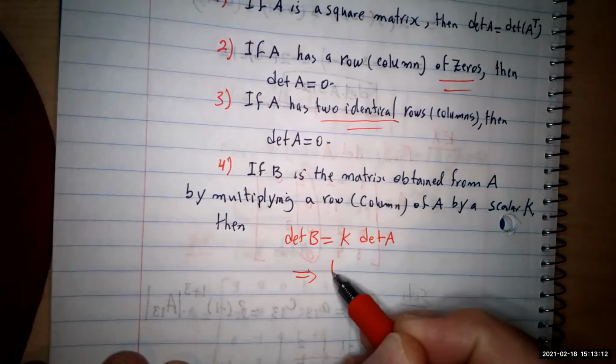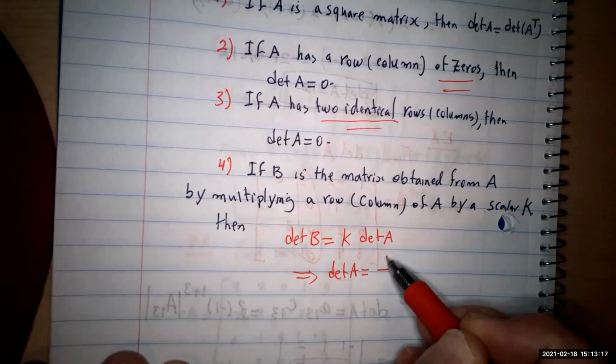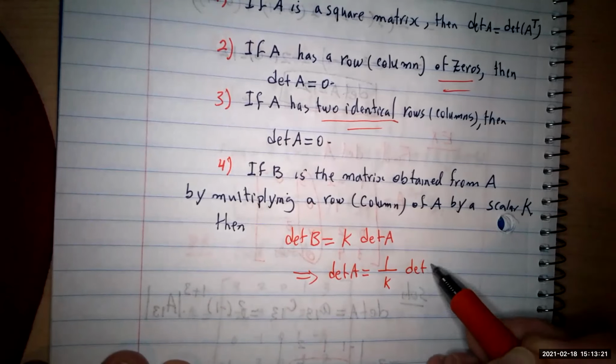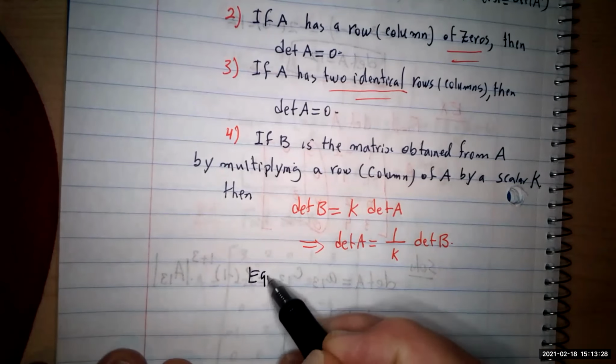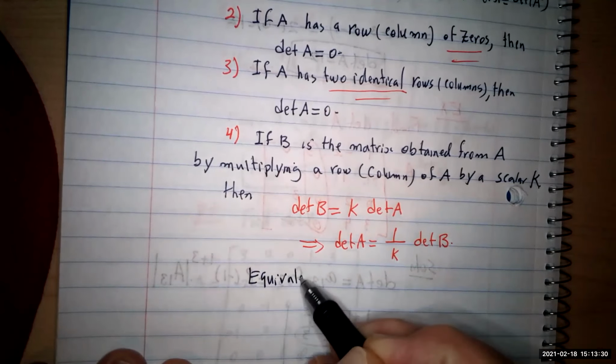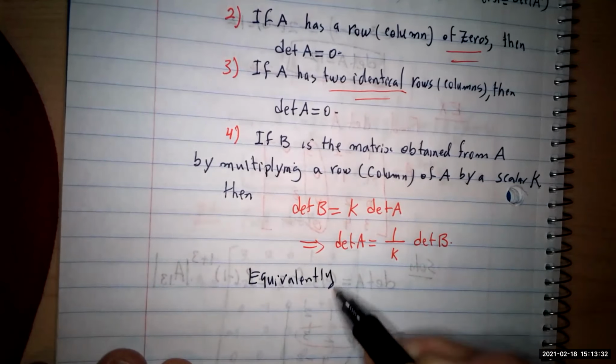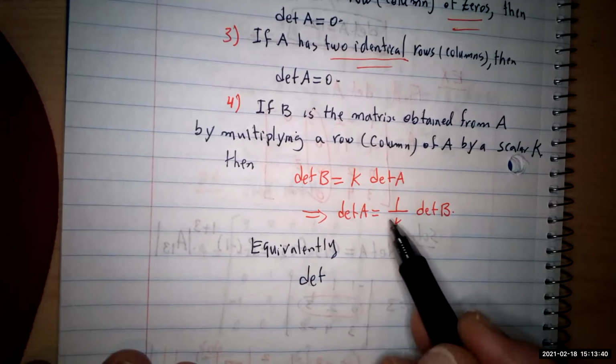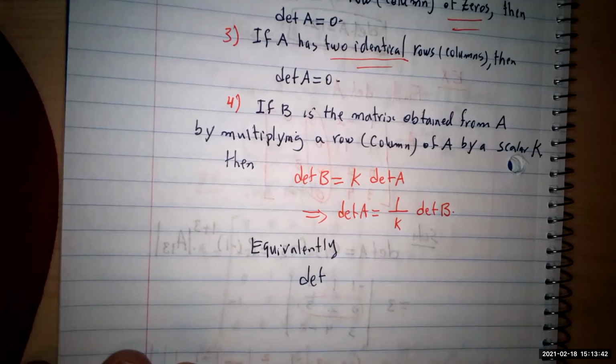You can find the determinant of A. So this means the determinant of A is going to be a portion of the determinant of B. So what does it mean? Equivalently, this is when you multiply by only one k.